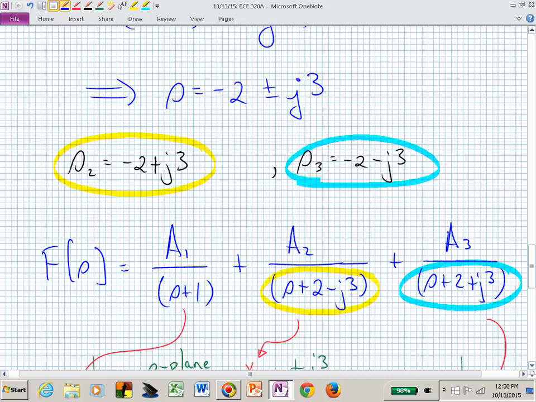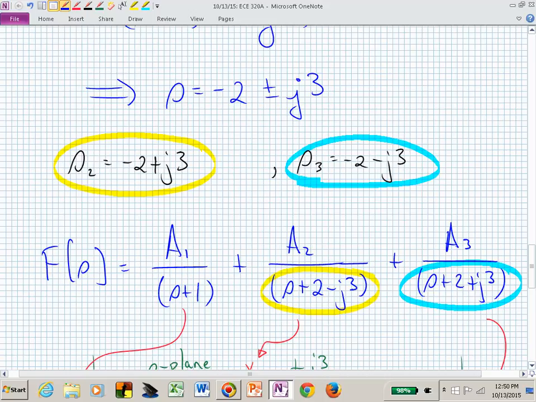And I'm evaluating all of these at s equal to minus 1. So that just eliminates the A sub 2 term and the A sub 3 term. Is that clear? That's how that A sub 1 pops out by itself. And that's why doing case 1, which is the distinct roots, is straightforward. I'm not going to say it's easy, but it's straightforward.